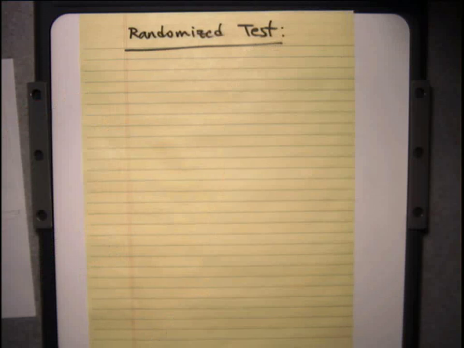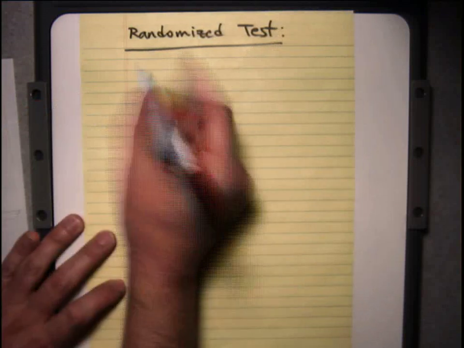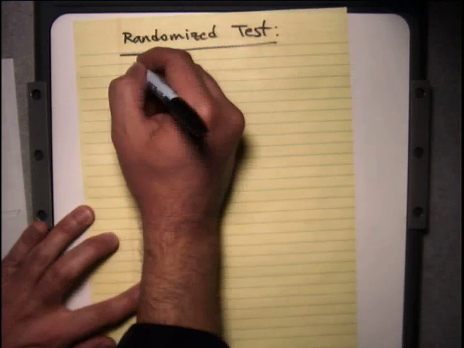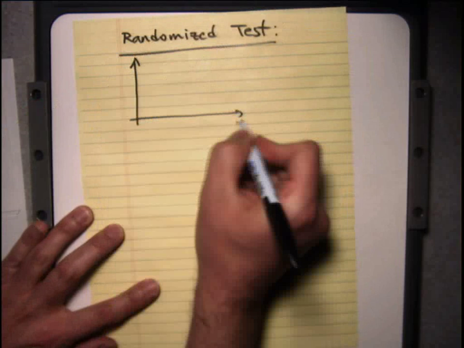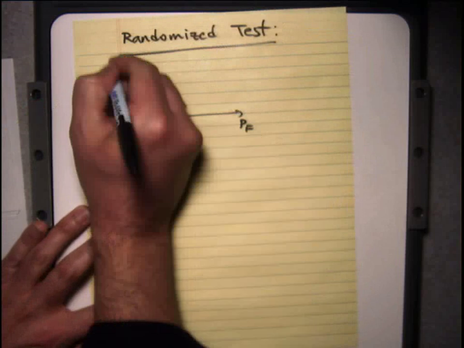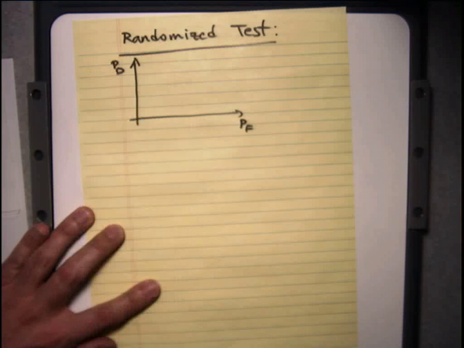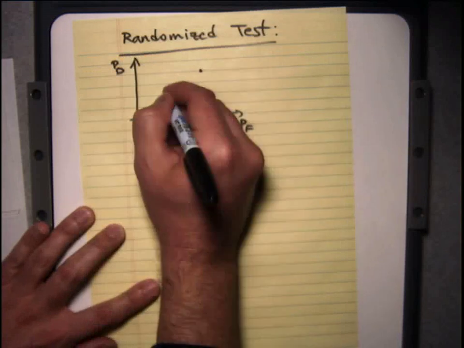Okay, so here's the idea. What you're going to do is take 2 points in this space, PF and PD, and say I take a point here and I take a point here.